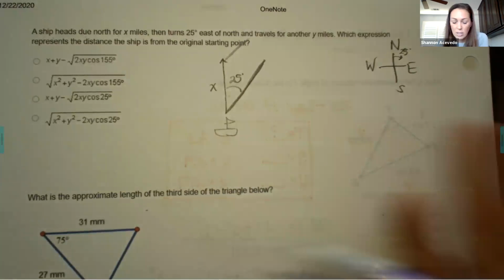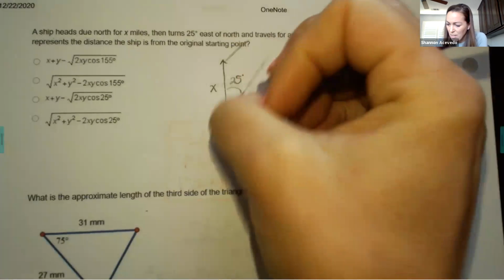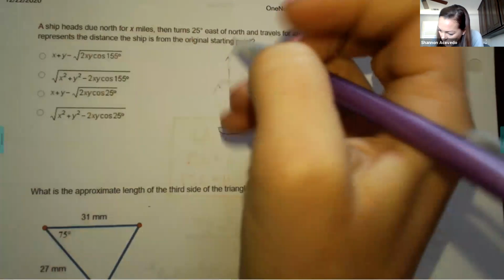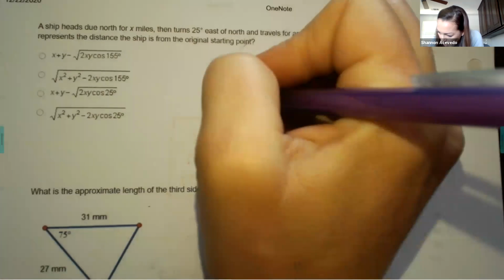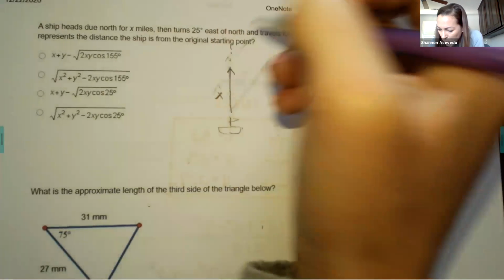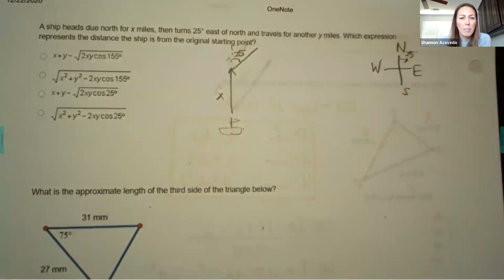So I'm just going to kind of draw it in, space-wise. Let me just shift this down a little bit so you guys get a better visual. So I'm going to go x, and then it's like it's continuing straight, but I want to go northeast now, 25 degrees. That's probably a better picture for you guys.